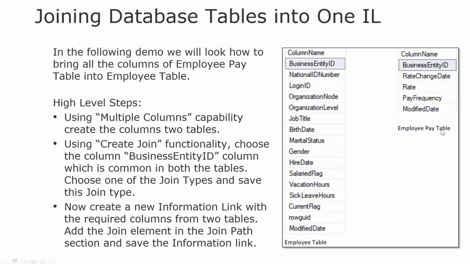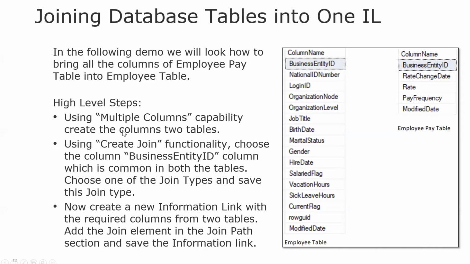Now, in any database example, to have 2 tables merged into one table, you need a matching column. So in this example, I'm considering business entity ID, which is a common column in both of these tables, as a joining element. Based on that, I would bring in rate change date, rate, and pay frequency into this employee table.